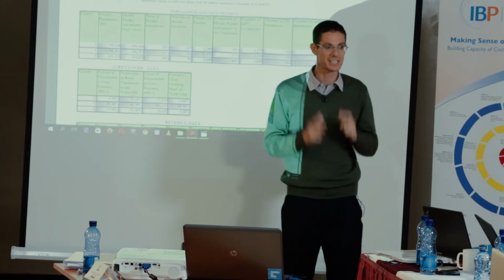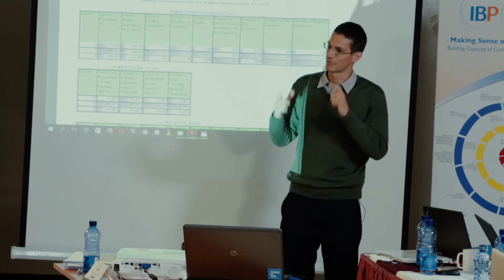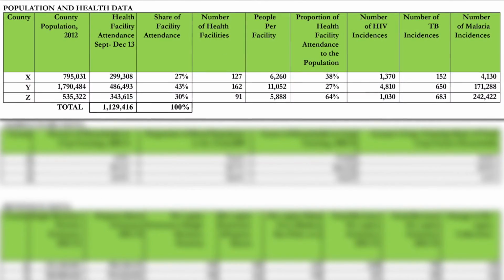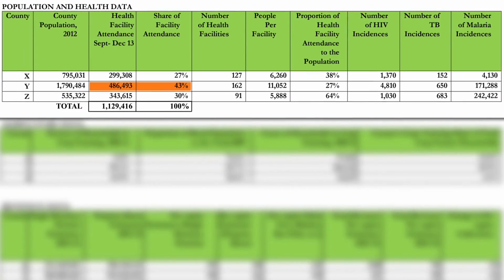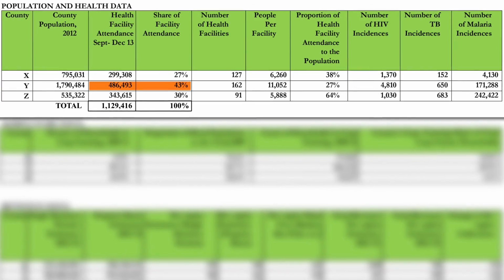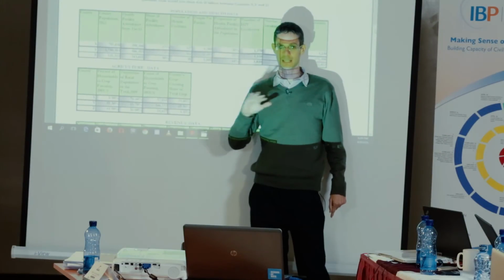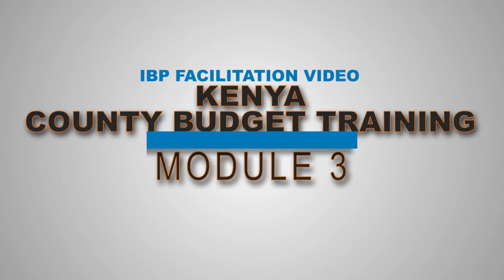It is not the percentage of people that use the service, the number of people. Therefore, because what drives cost are numbers going to clinics, they have the highest need for the money for health. That's it.